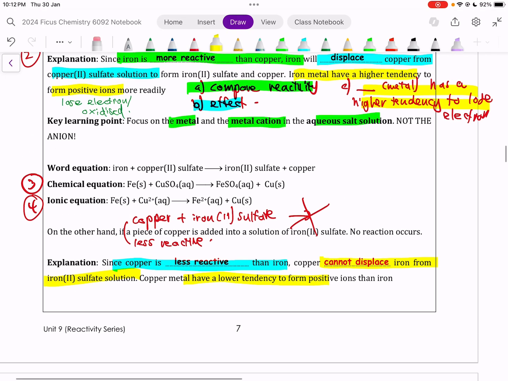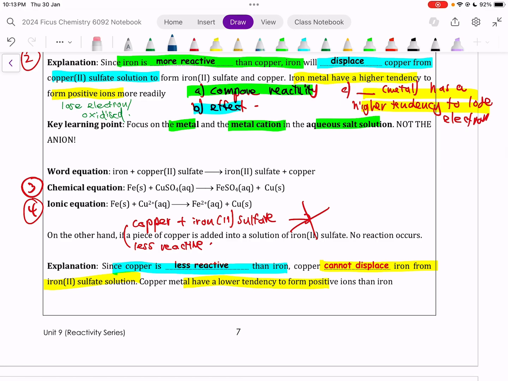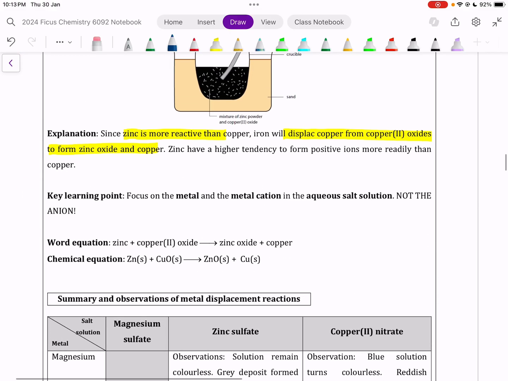Basically you just do a swap in terms of the naming over here. Then because zinc has a higher tendency to form positive ion, or rather a higher tendency to lose electrons, or get oxidized. Different ways to say the same thing, but you must be able to say it in different ways.